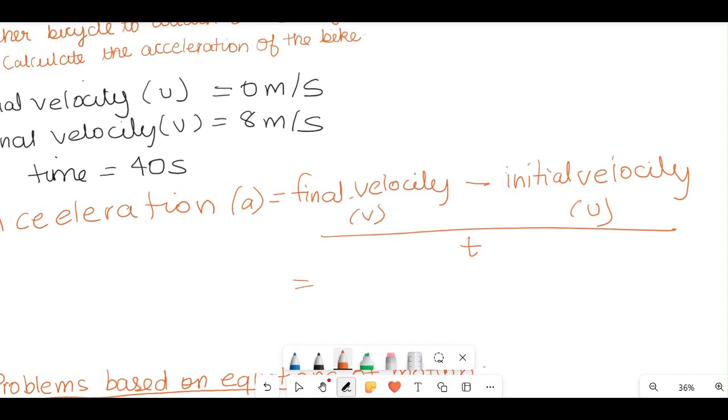What is your final velocity? 8. So 8 minus 0. Let's enclose this formula first in a bracket.